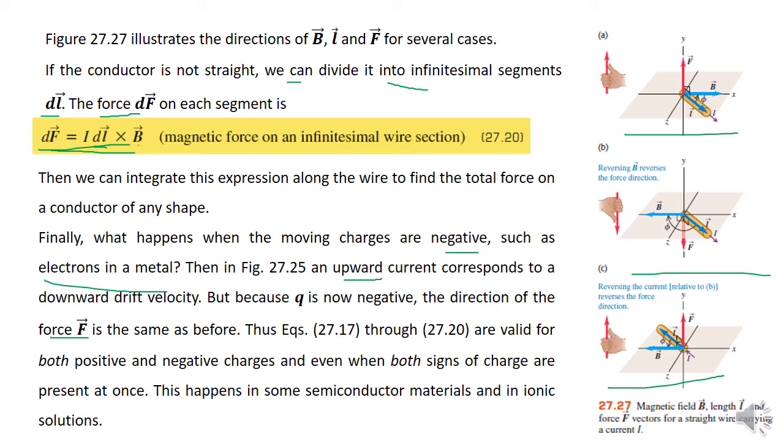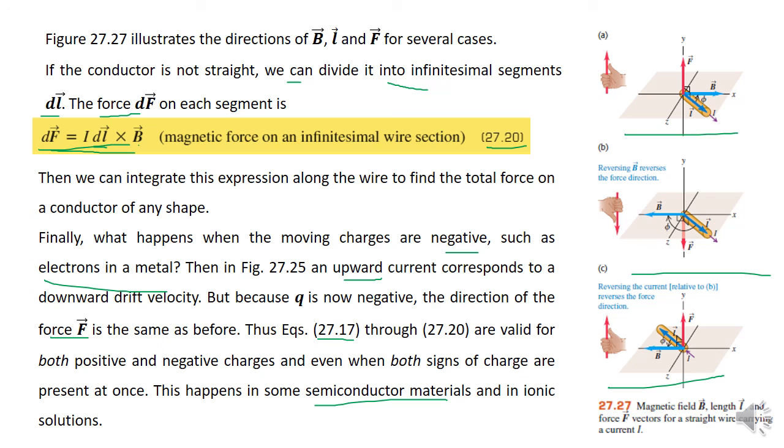So equations 27.20 and 27.17 are both valid for positive charges and negative charges. This is also true in semiconductor materials, where there are positive holes and negative electrons.